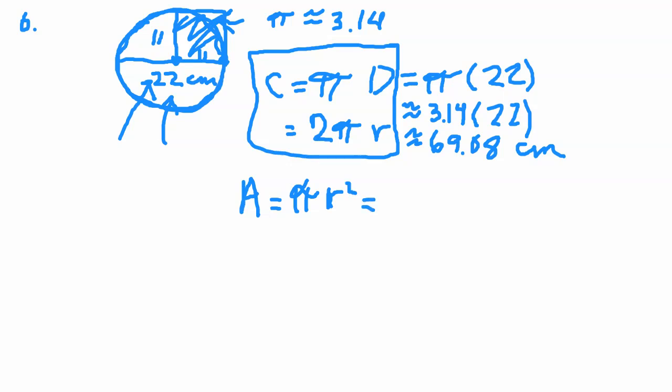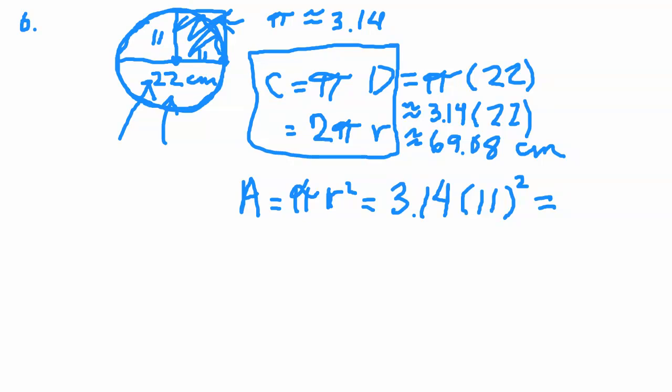Okay, so using 3.14 as our approximation for pi, we would have 3.14 times our radius squared. So we have 3.14 times 11 squared, which is 121.